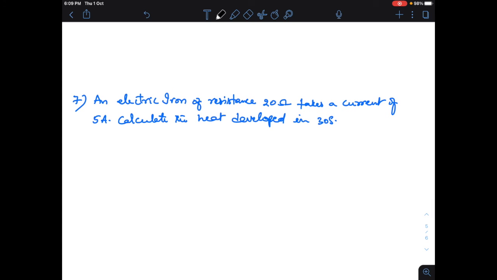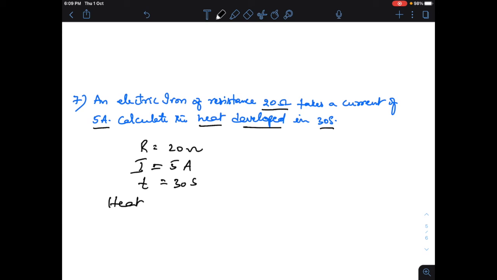An electric iron of resistance 20 ohms takes a current of 5 amperes. Calculate the heat developed in 30 seconds. Now, what is given? R is given 20 ohms, I is 5 amperes, time is 30 seconds, and for heat produced or developed, what is the formula?